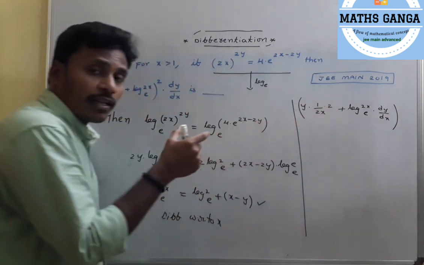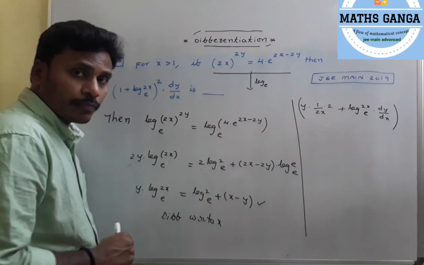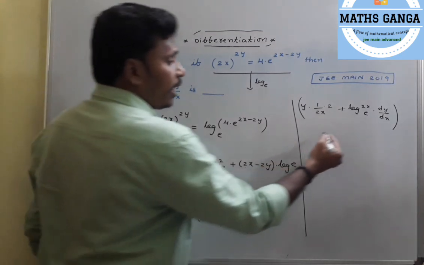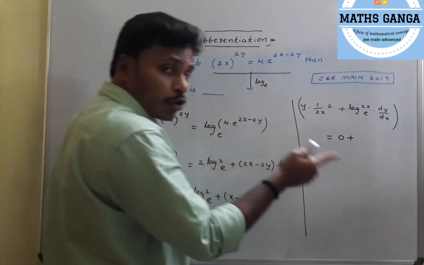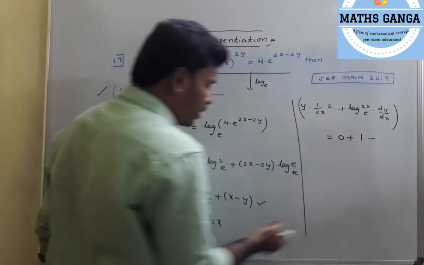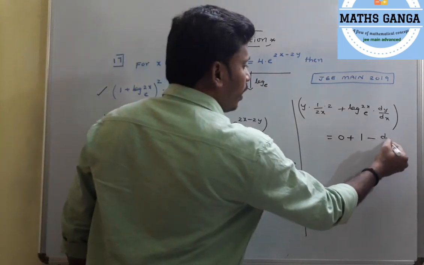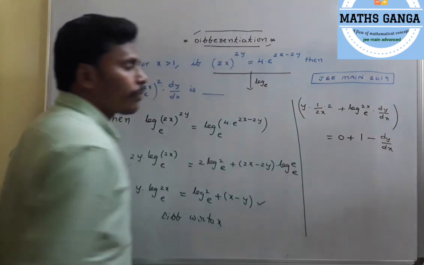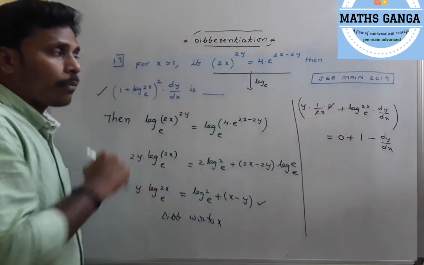This is the derivative for the left hand side. Coming to the right side, log 2 to the base e is a constant, so its derivative is 0, plus for x with respect to x the derivative is 1, minus, for y with respect to x, it is dy by dx. Further you just cancel this 2 and 2, you have 1 by x there.